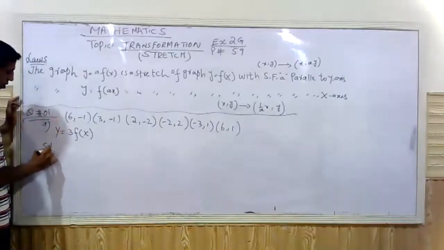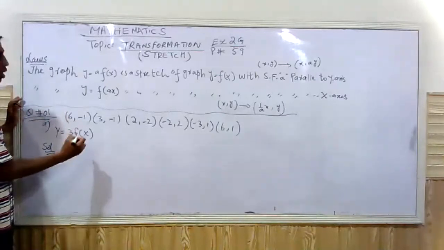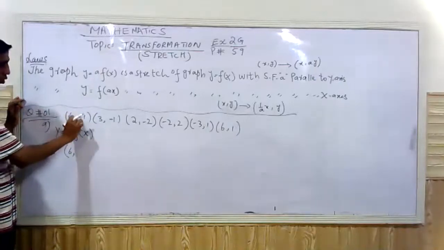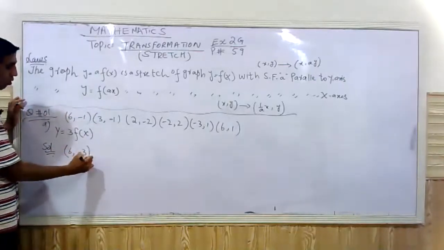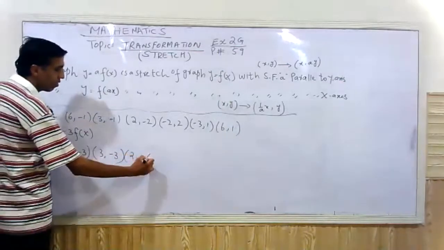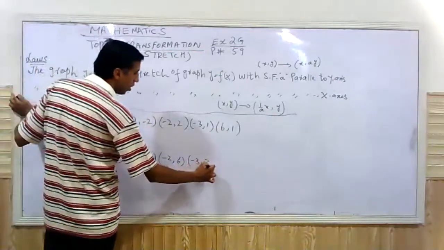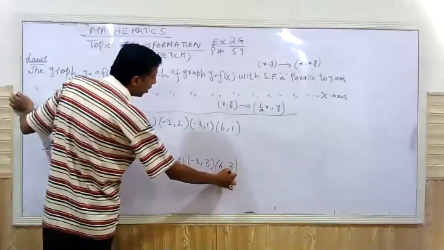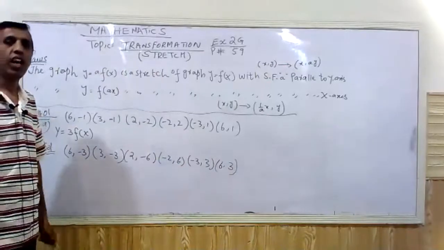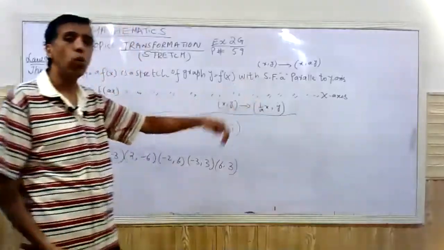Its solution is what I have written: x would be the same and y would be enlarged. This is the stretch factor, multiply 3 to minus 1, minus 3. 3, minus 3; 2, minus 6; minus 2, 6; minus 3, 3; 6, 3. You will plot these coordinates and you will get the resulting graph. And you will see it will be stretched parallel to the y-axis.